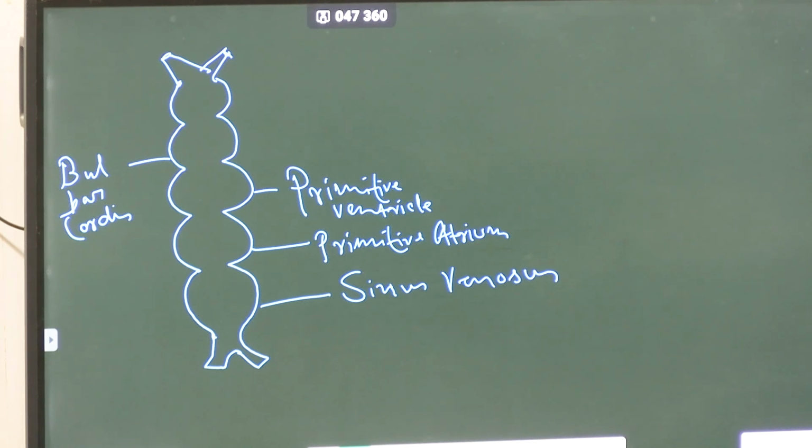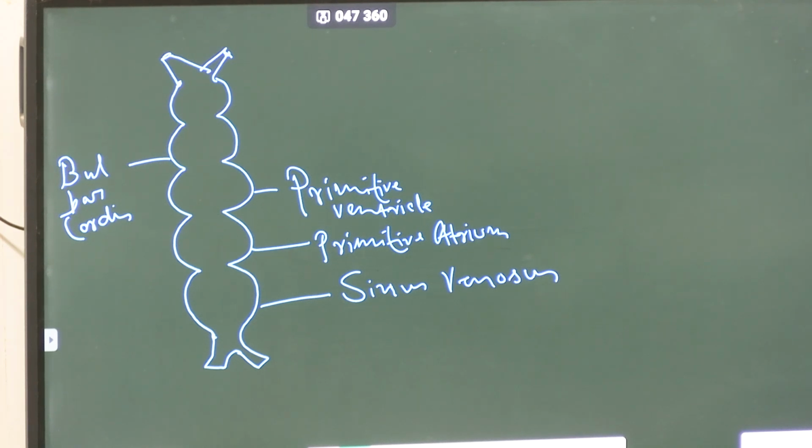There are two types of mesoderm, extra-embryonic and intra-embryonic. From which mesoderm? Intra-embryonic. Intra-embryonic mesoderm is again divided into two parts. A cavity appears within this mesoderm, and it divides this mesoderm into two parts.